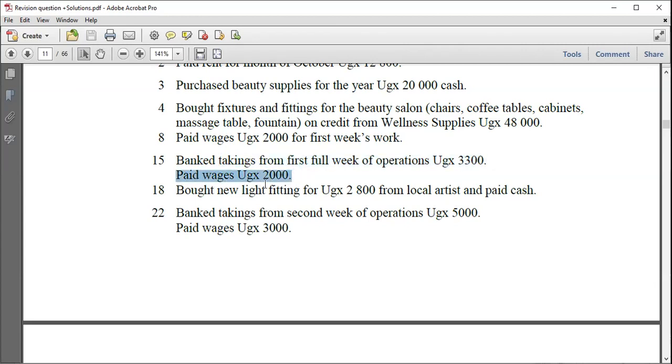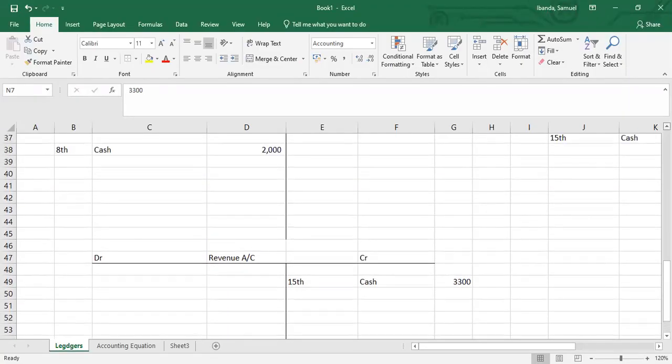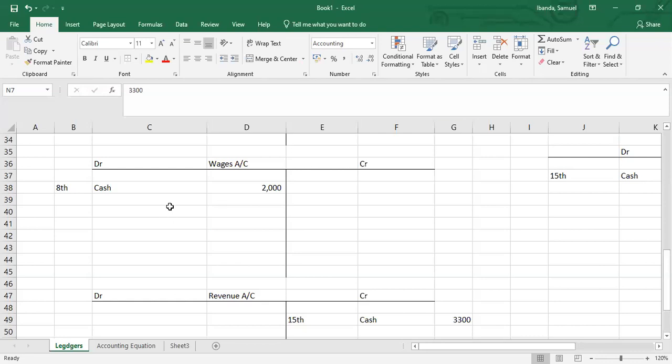Then we have this transaction of paid wages, UGX 2000. This also happened on 15th. So what I'll do in my question here, I'll go to my wages account, which is just up here. And these are like new wages. How much? Still it is 2000.